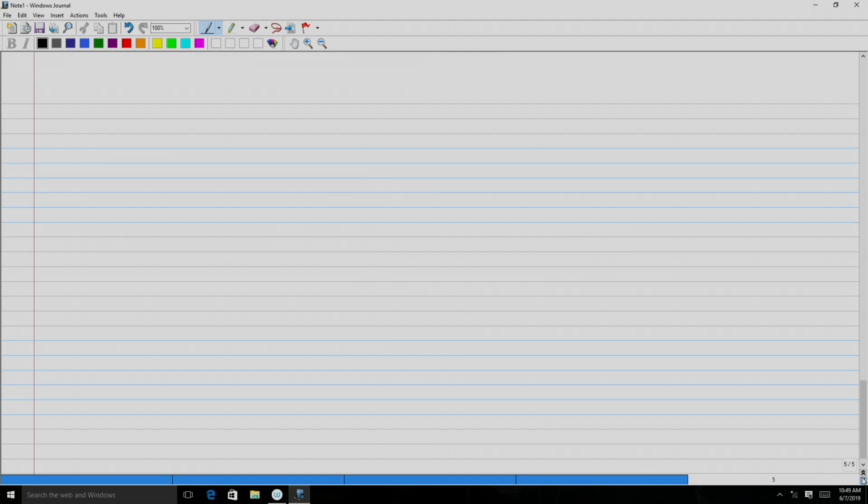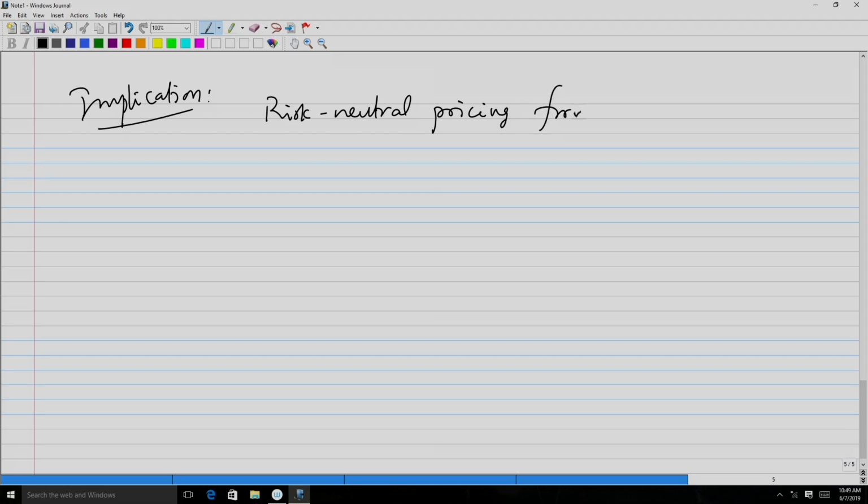Now, what is the implication? How is this helping us? The implication is basically on the risk neutral pricing formula that we have said. So, what did we do?